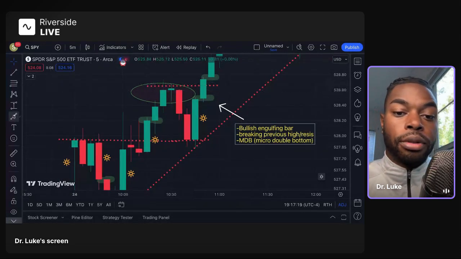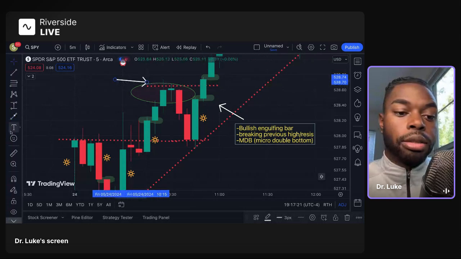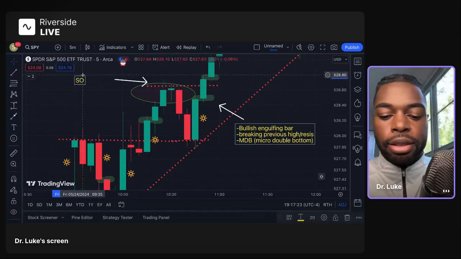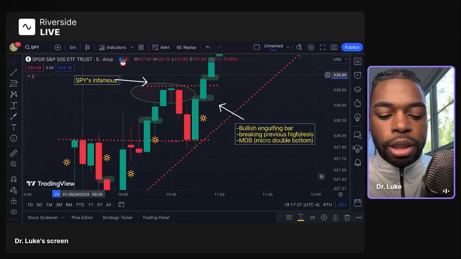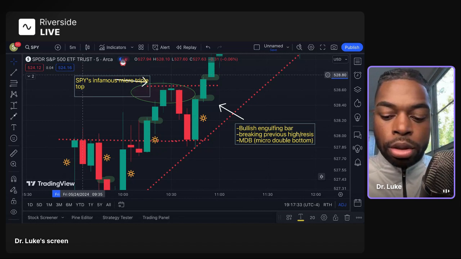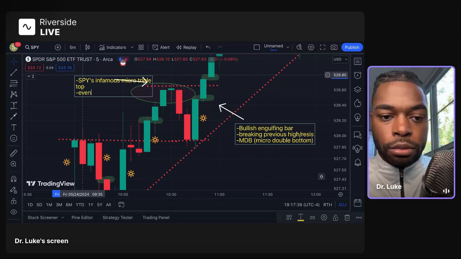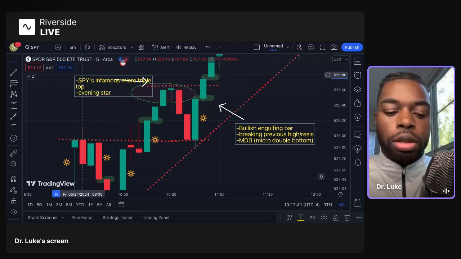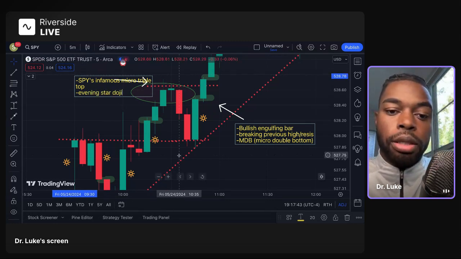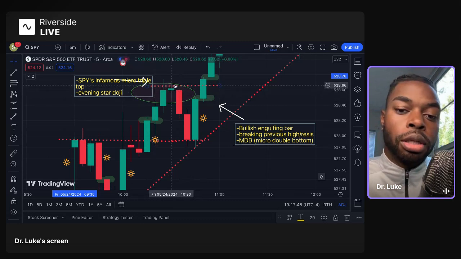Here we have, I like to call this SPY's infamous micro triple top. We also have an evening star doji there. So in an uptrend, when you see an evening star doji, that's a pretty good sign of a reversal too.